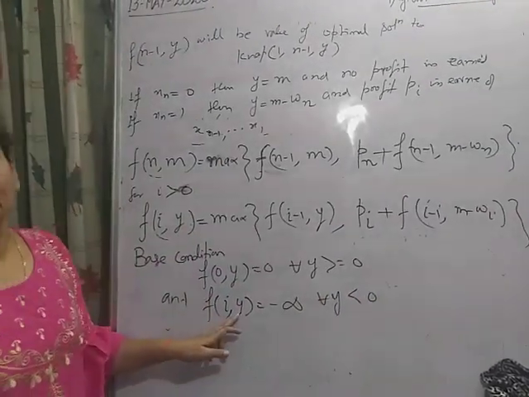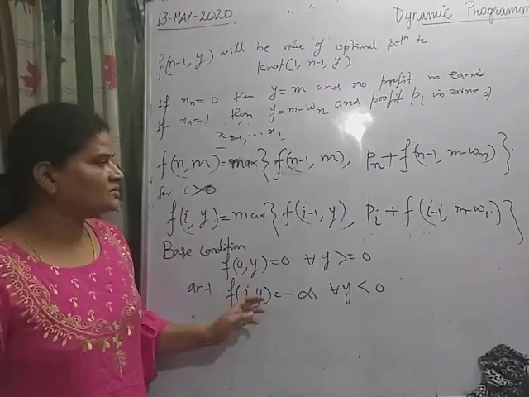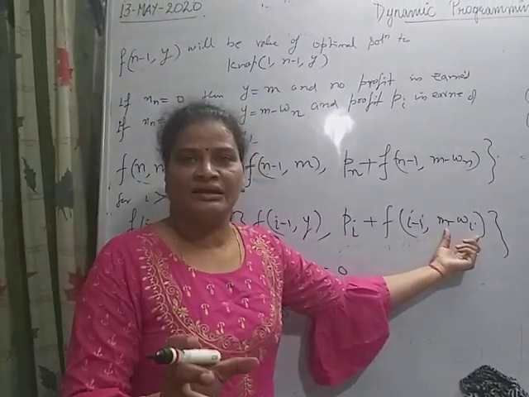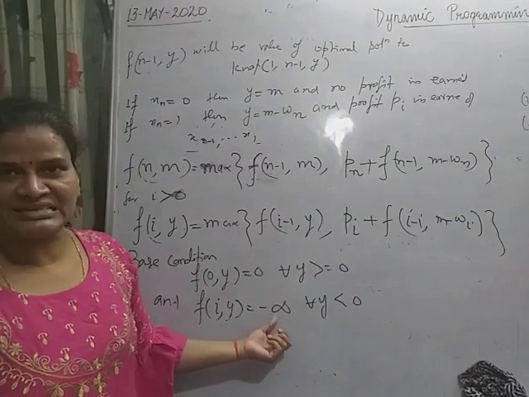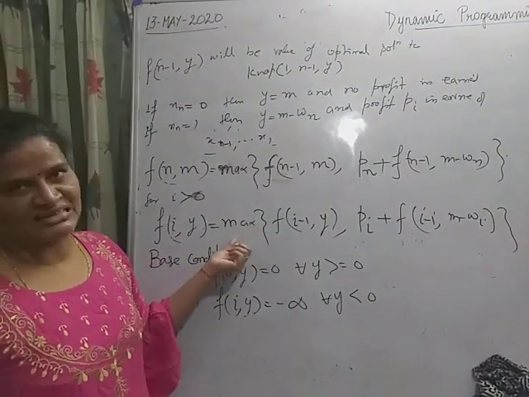If y is negative, there is no sense in taking any object, because the capacity is negative. When you solve this problem, at a certain point you may get a negative capacity. If you get a negative capacity, you put it as minus infinity, which means it will never be considered in the maximum.